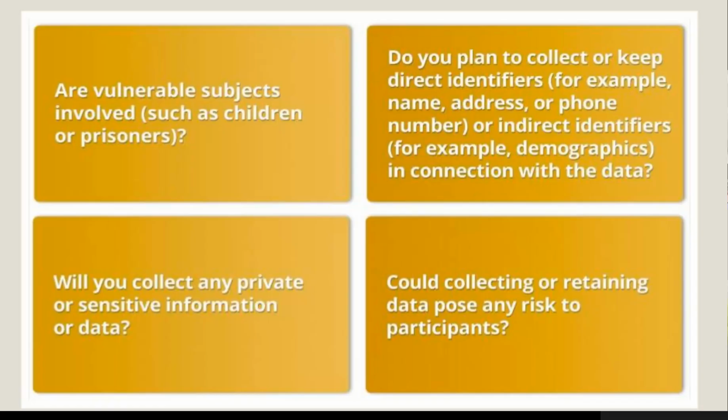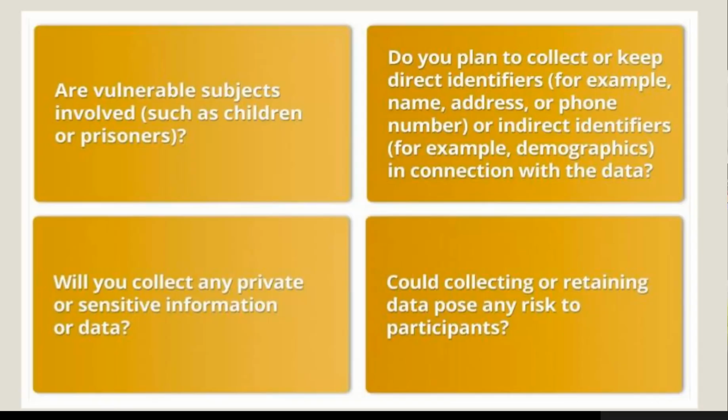The other thing the IRB is going to ask is, does the researcher plan to collect or keep direct identifiers? So we talked about the identifiers, name, but there's other things that can be an identifier also: address, phone number, birth date, or those indirect identifiers like a collection of demographics.